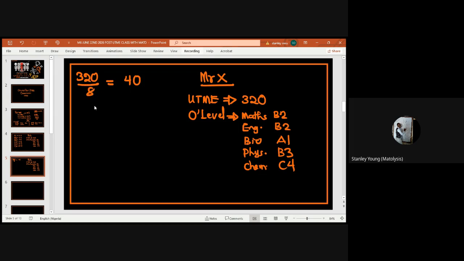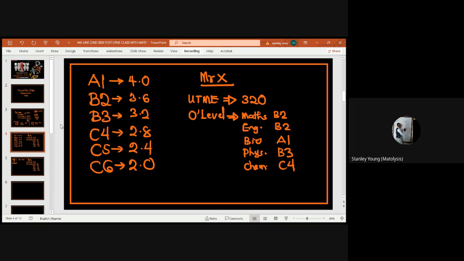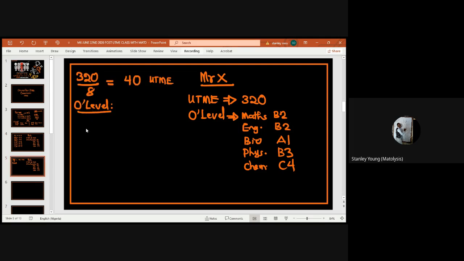So the aggregate coming from the UTME side is going to be 40. Then for the O-level side, we've got B2. And what does that B2 correspond to? Based on what I gave you earlier, B2 is 3.6. Then plus the next, you have B2 again, another 3.6.